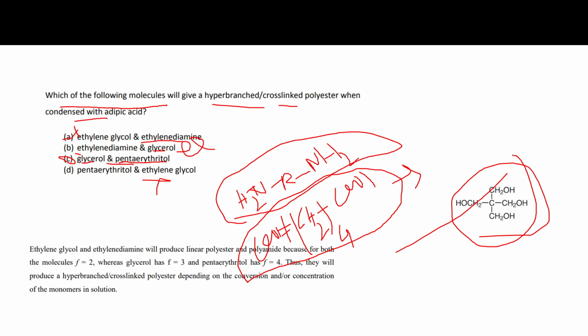There will be four OH groups present. So to make a hyperbranched polymer, you need functionality more than 2. If the functionality is 2, we generally get a linear polymer. If it is more than 2, we get a hyperbranched or cross-linked polymer.